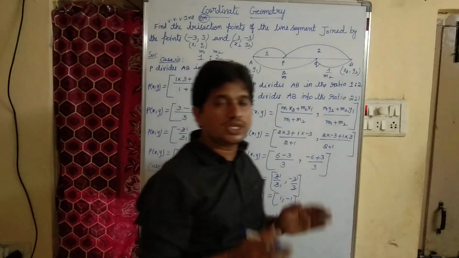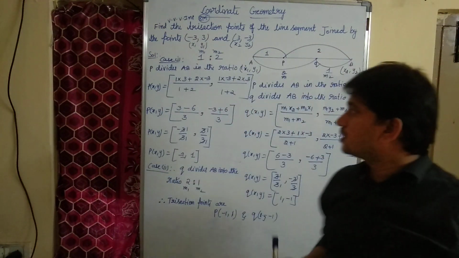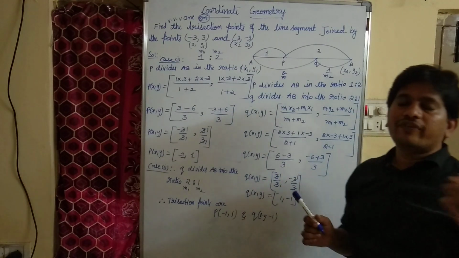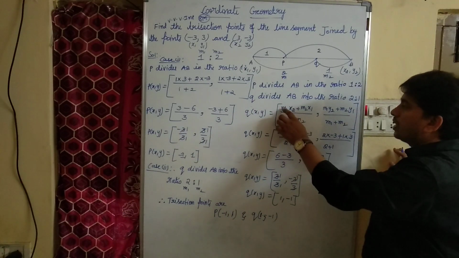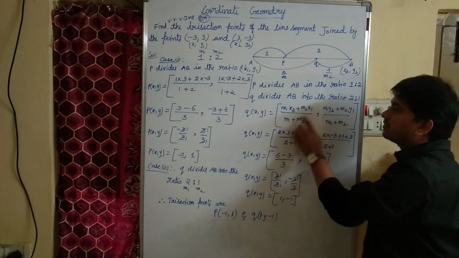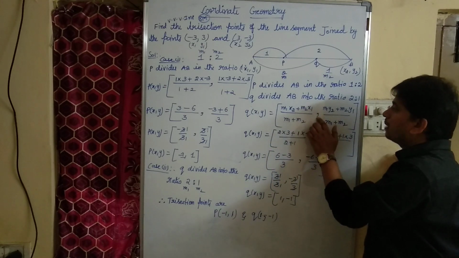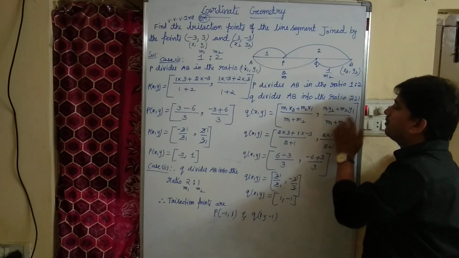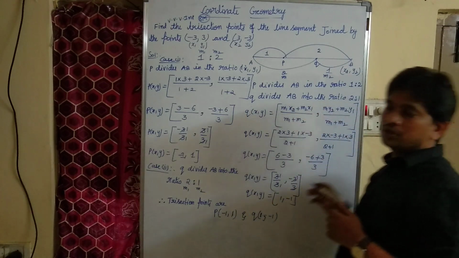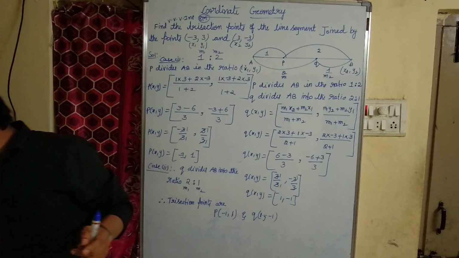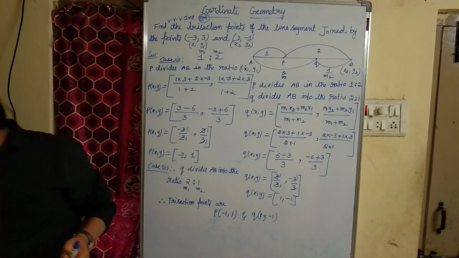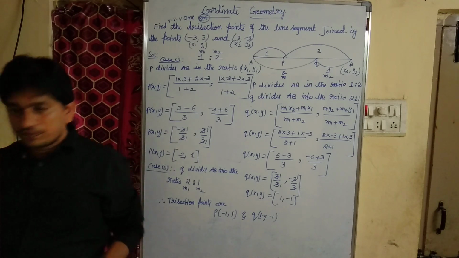As here we are using the section formula, that is P of x comma y or Q of x comma y equal to m1 x2 plus m2 x1 by m1 plus m2 comma m1 y2 plus m2 y1 by m1 plus m2. Okay, this is the most important question nowadays they are asking in the public examination.